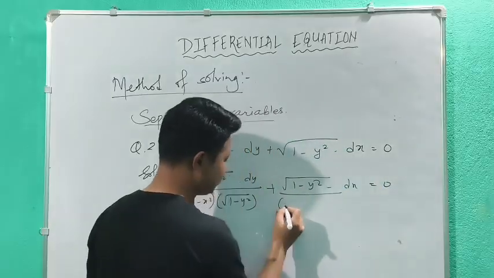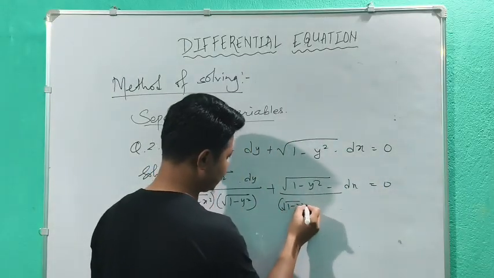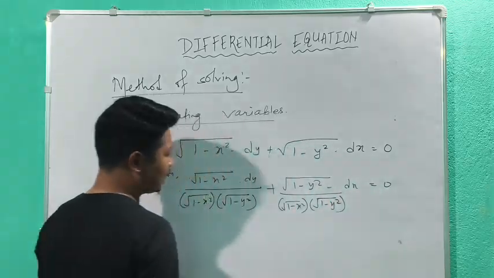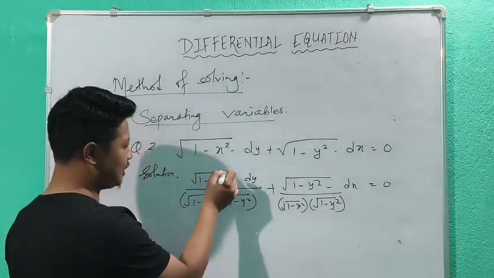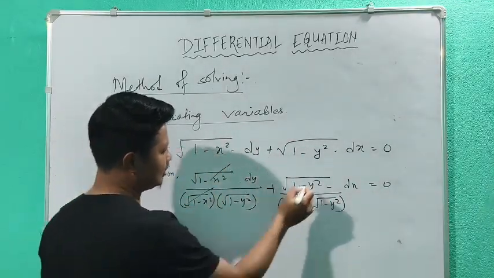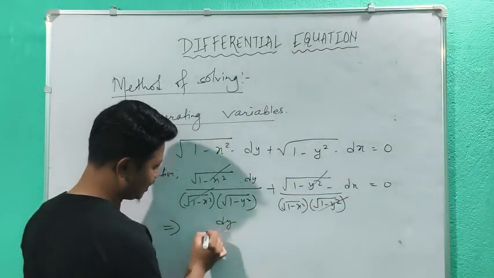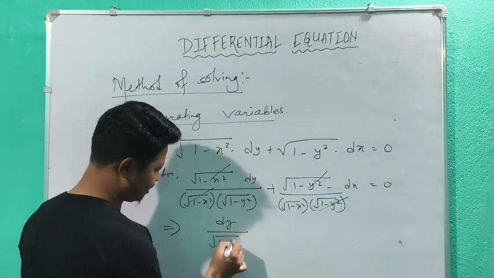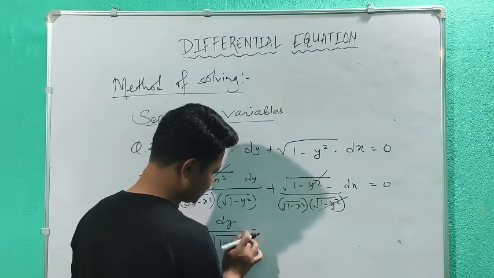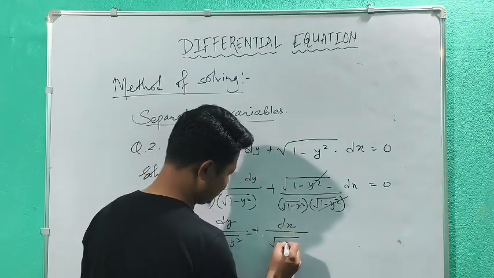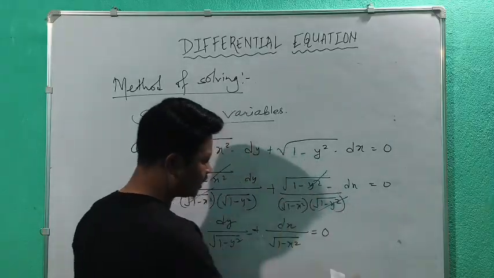Here also we have to divide by square root of 1 minus x square and square root of 1 minus y square. Now if I divide this, I can easily cancel this and this and this and this. So I am only left with dy by square root of 1 minus y square plus dx by square root of 1 minus x square is equals to 0.